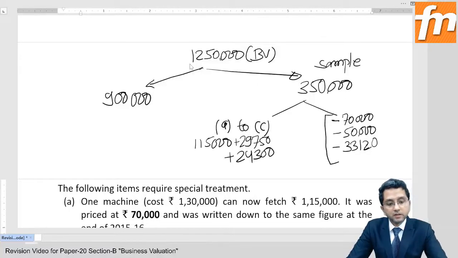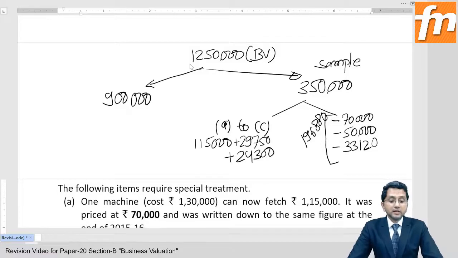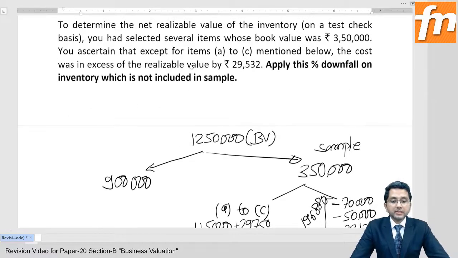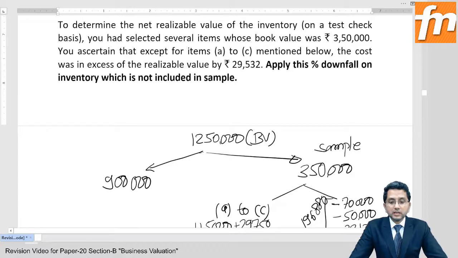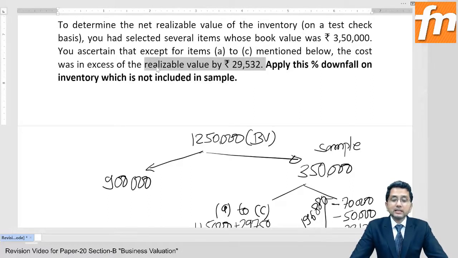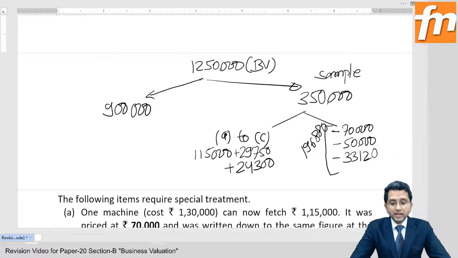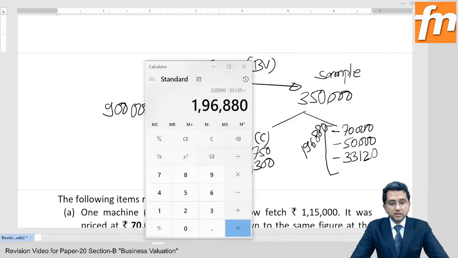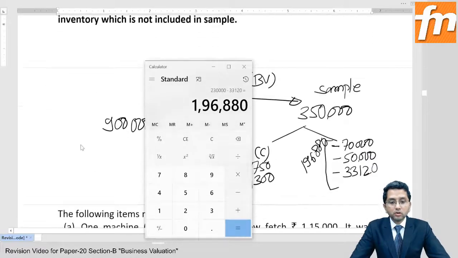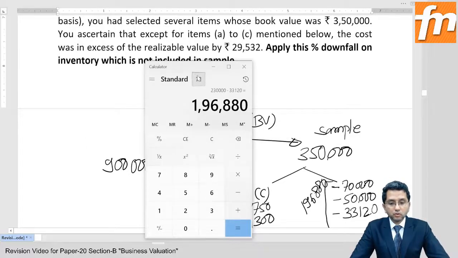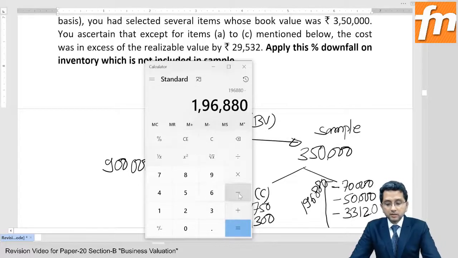Book value of remaining items is 196,880. And the realizable value of this is less than the cost by rupees 29,532. So 196,880 is the cost, and you minus 29,532.